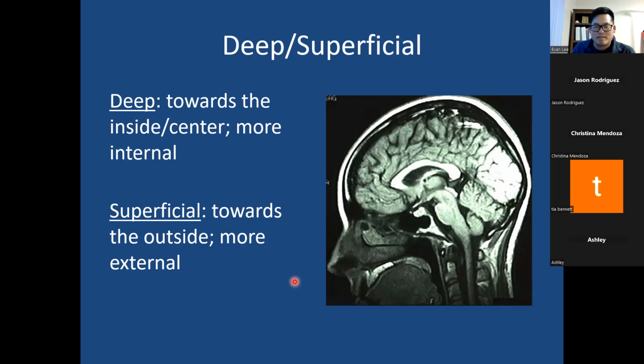Superficial means towards the surface, basically, towards the outside. But then deep, if something is deep, you think of a deep hole, it's towards the center, it's further in. So deep and superficial are basically opposites, where superficial would be towards the surface, and deep would be towards the center.